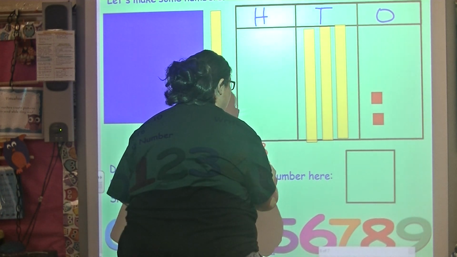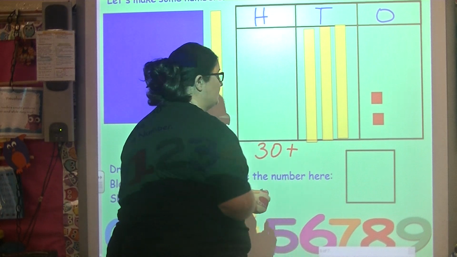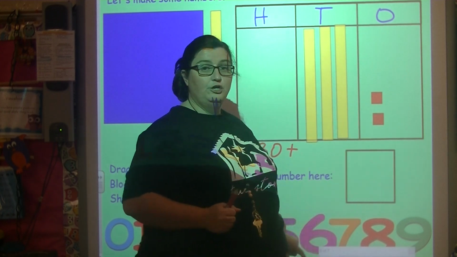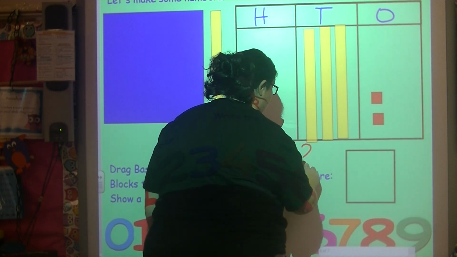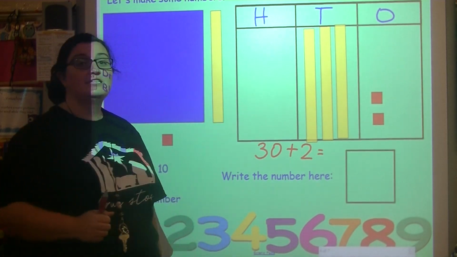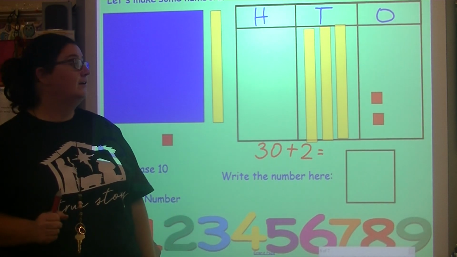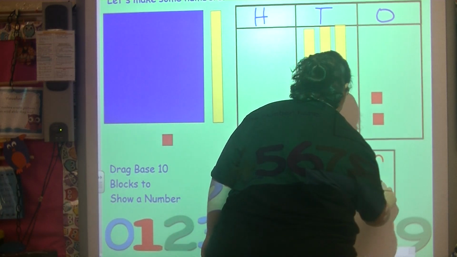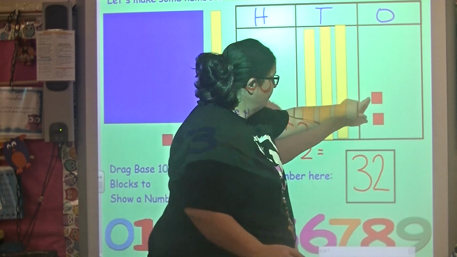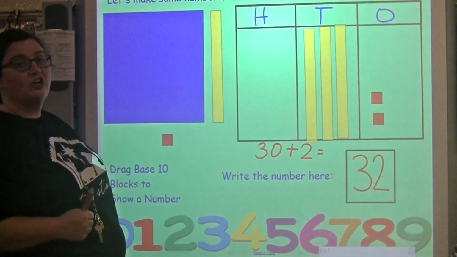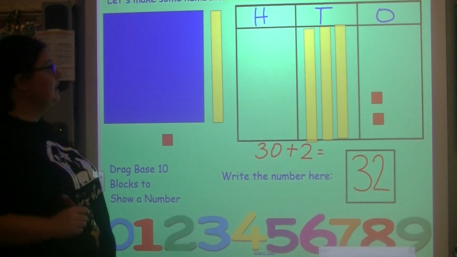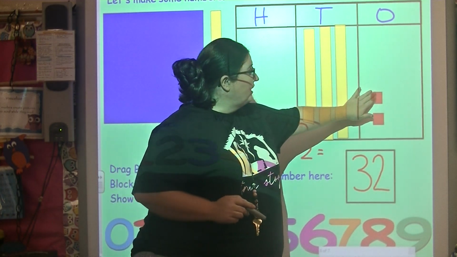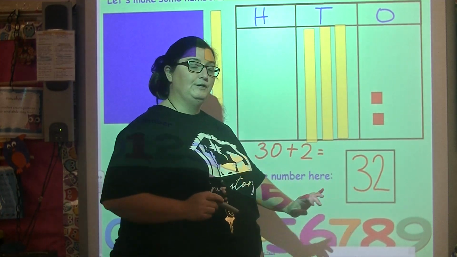So I can say 30 plus, we count these by ones, 1, 2. 30 plus 2 equals what number? 32. 3 tens and 2 ones equals 32. I can count on: 10, 20, 30, 31, 32.